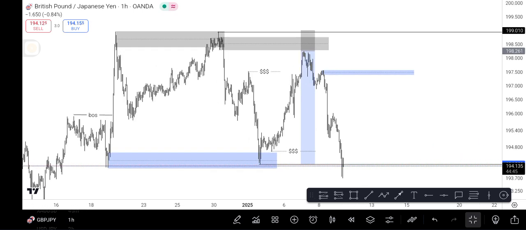Some POIs are extremely valid. However, order flow shows you direction and momentum, and when you know this, you can tell if a POI is going to hold or not.